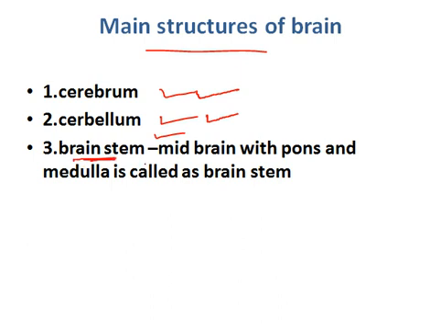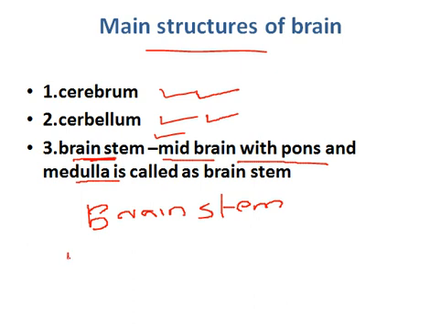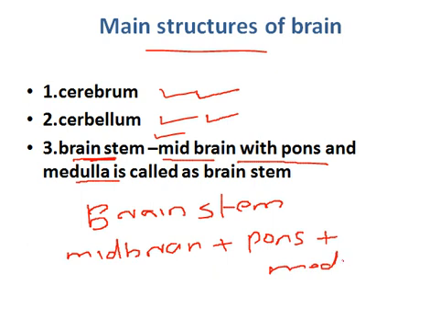What is brainstem? Midbrain plus pons and medulla, or medulla oblongata. These three together are called the brainstem. If somebody asks you what is brainstem, you have to tell that it includes midbrain plus pons plus medulla.